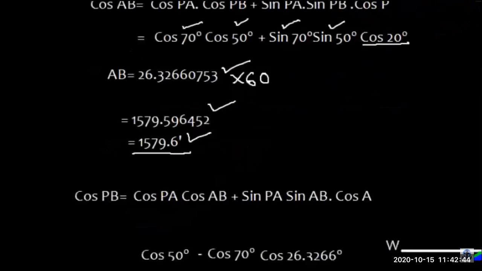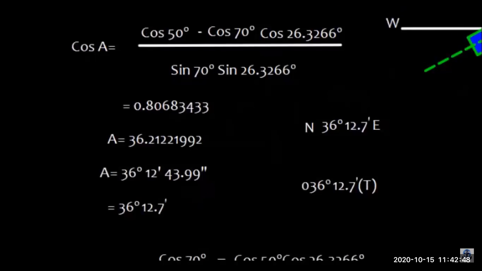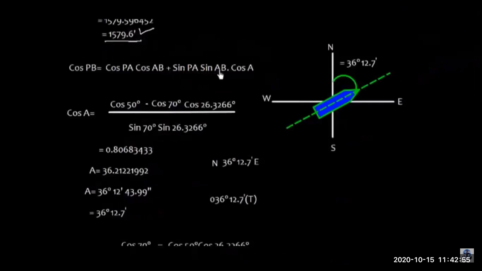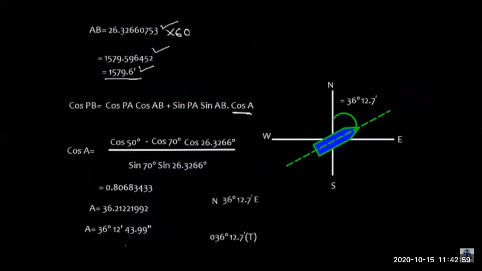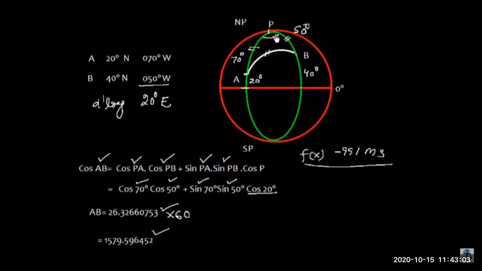Now we want to find the initial course, so we can use this formula again. For finding the initial course, we have cos PB equals cos PA cos AB plus sin PA sin AB cos A. So cos PB is this side, cos PA is this side, and cos AB is this side.